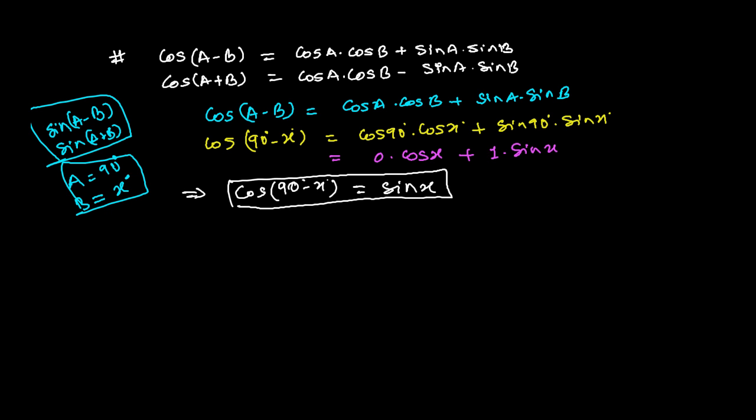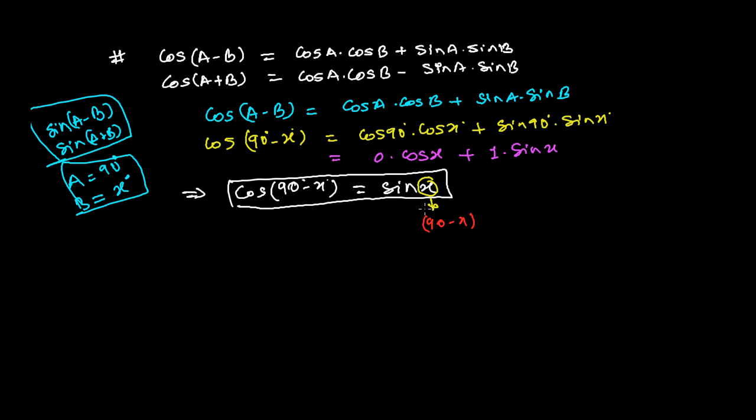This is another result. And now based on this, see here, if cosine of 90 minus x is sine of x, then what about if I replace this x by something else? Let's say 90 minus x.